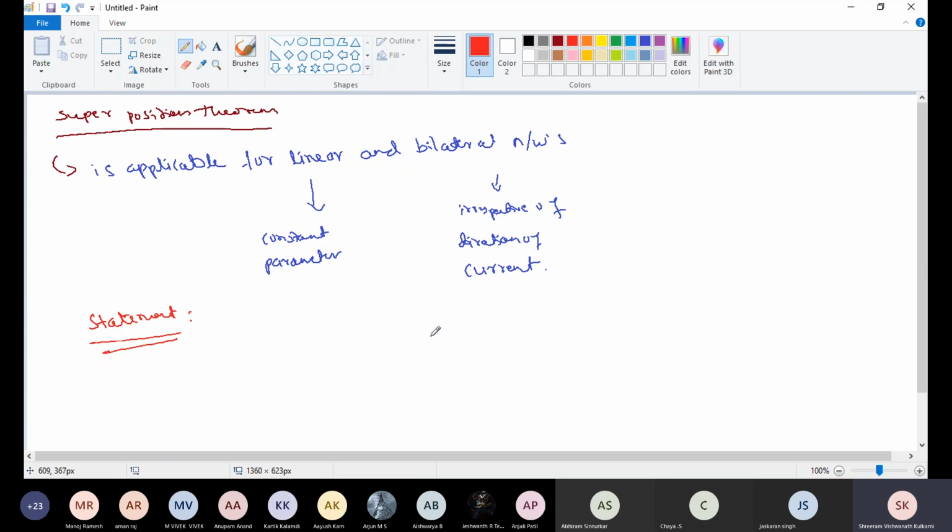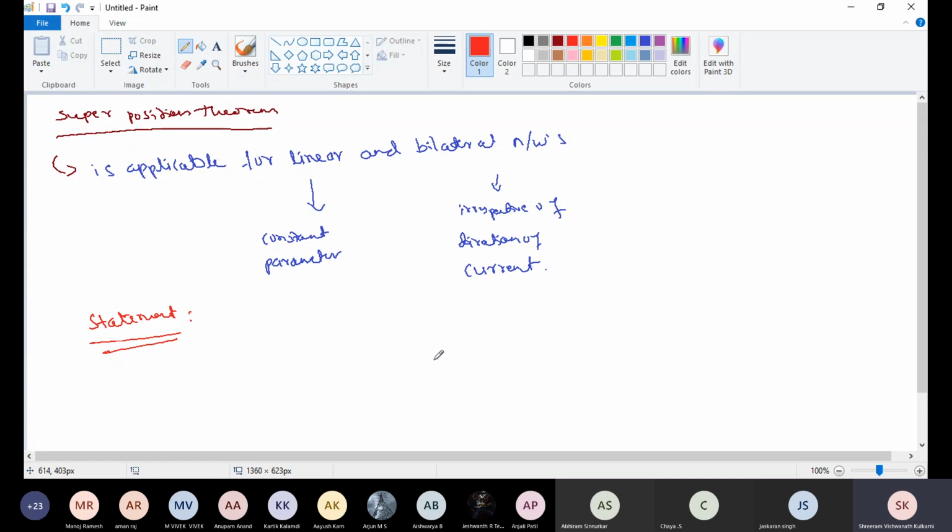If the circuit consists of dependent current and voltage sources, then we keep those dependent sources as they are. Those sources should not be replaced by open and short circuits.